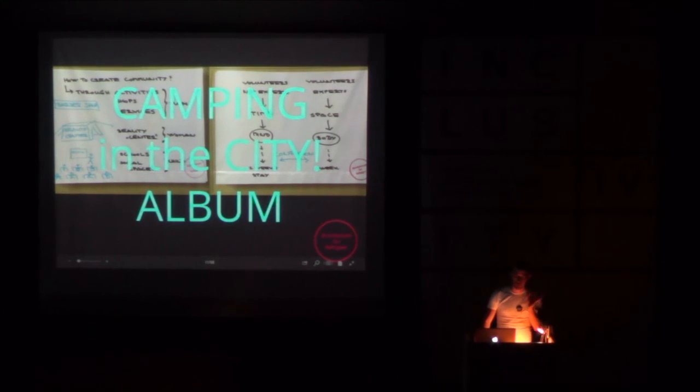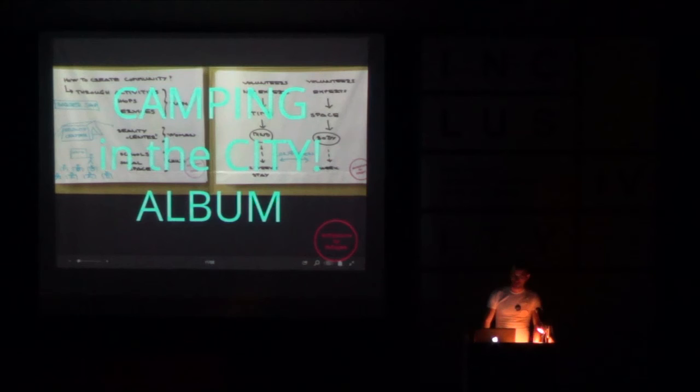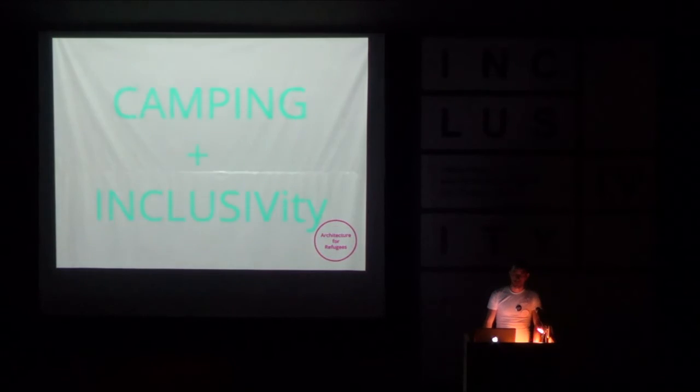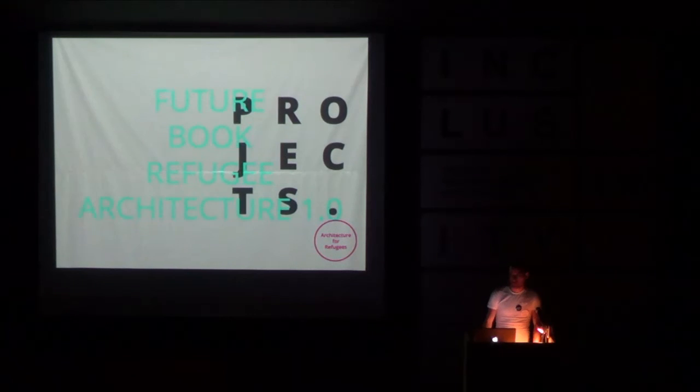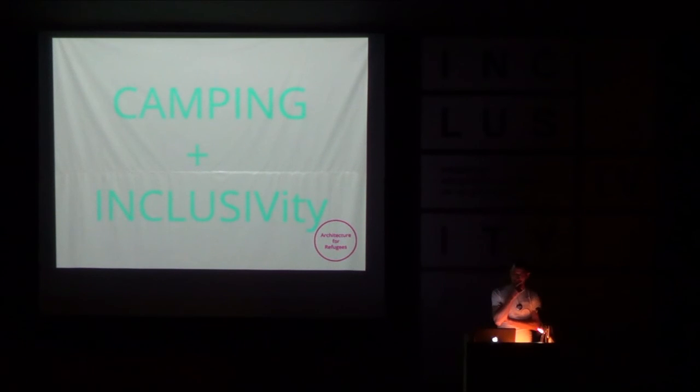We have an issue site where we share our findings. This Camping in the City album is about findings in Barcelona. And this Camping and Inclusivity is the workshop that we are trying to do now in Prishtina, which I think is going quite well. We are dealing not with refugees, but with minorities in Kosovo.